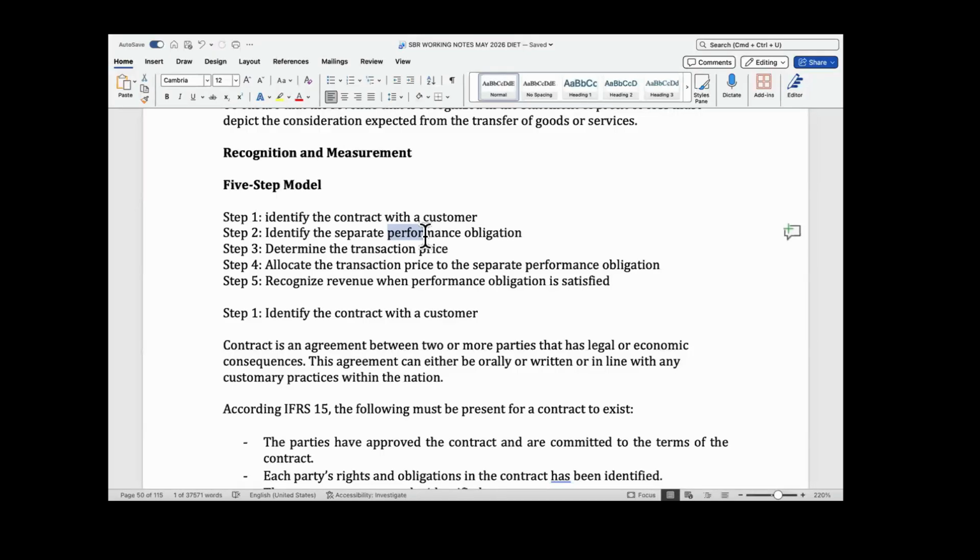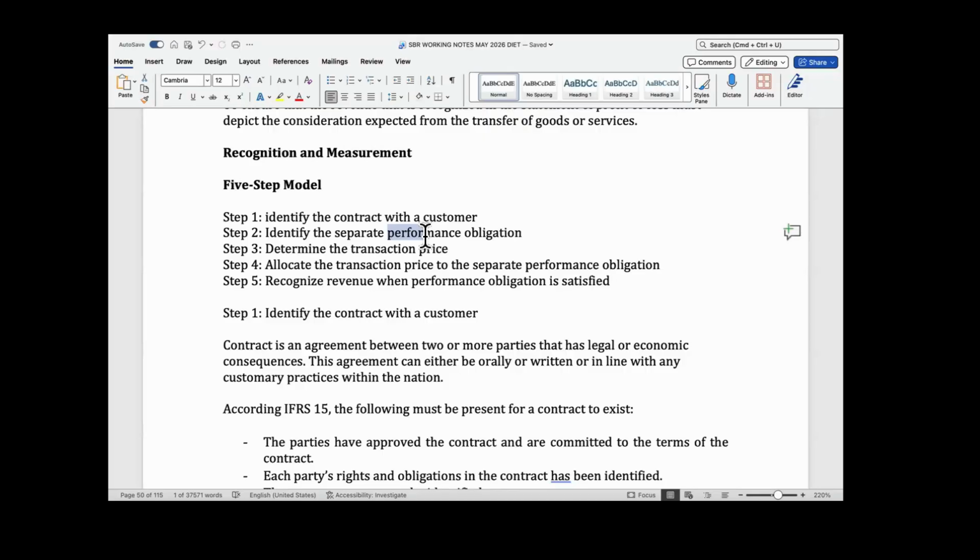And I told you that the way you identify that a performance obligation is separate is where it has a distinct function and also a distinct profit margin. If it has a distinct function and a distinct profit margin, you should know that most likely that performance obligation is separate.